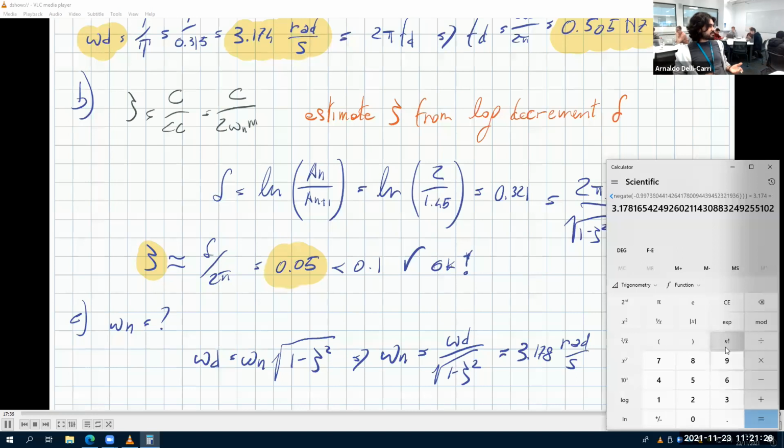So omega n is greater than omega d, which is of course always the case, because this number is always smaller than 1.